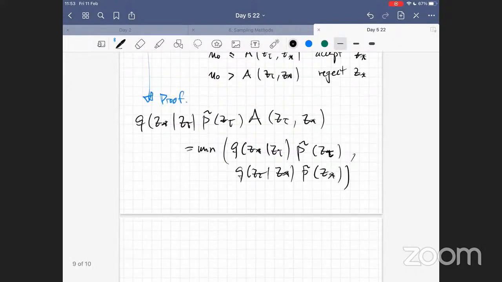And then what I do is to actually take out of this minimization the other factor instead.